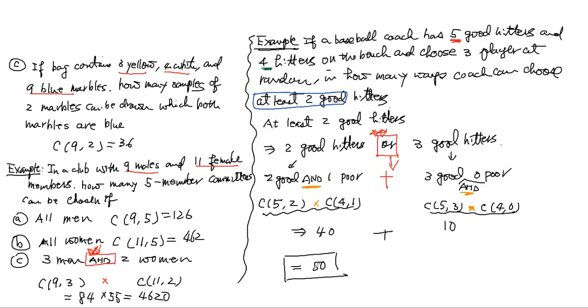So remember, the keyword "or" means you use addition, and the keyword "and" means multiplication. That's how we do that.